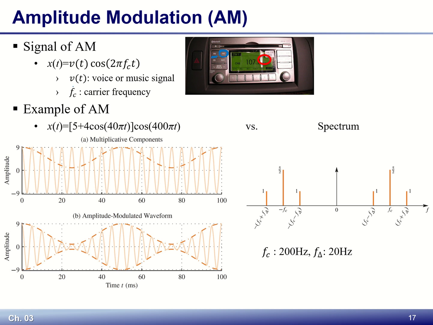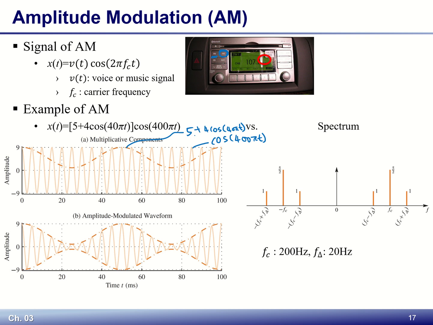The expression is like this: voice v(t) times cosine 2 pi fc t. If v(t) is 5 plus 4 cosine 40 pi t, then here will be 5 plus 4 cosine 40 pi t. The fast moving frequency is cosine 400 pi t.